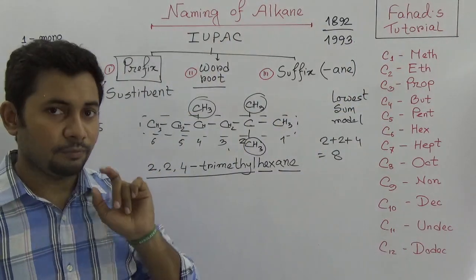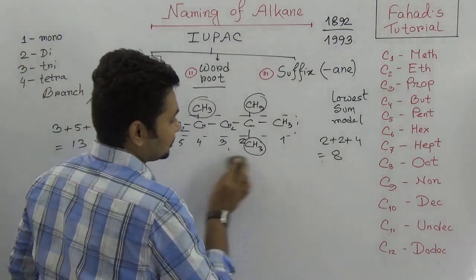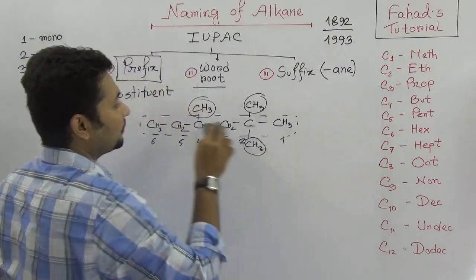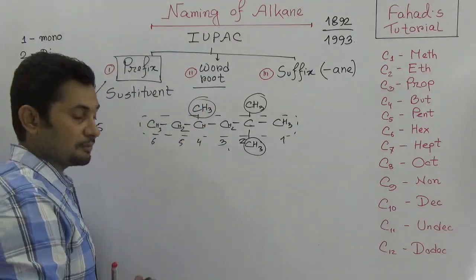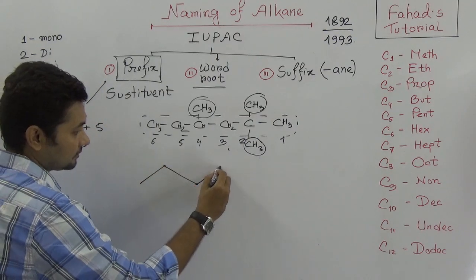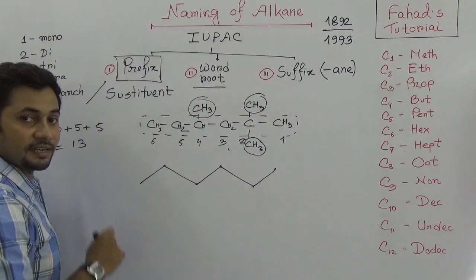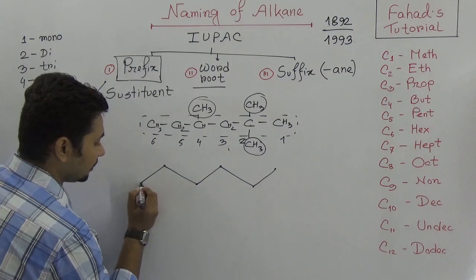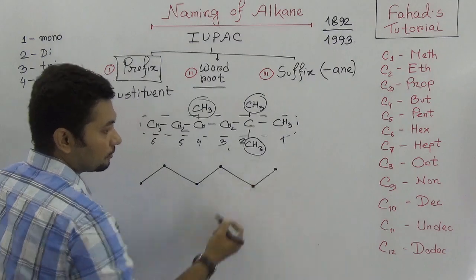Anyway, let me show you another thing, that we can also express this in this way. Suppose there are 6 carbons, okay? 1, 2, 3, 4, 5, 6. There is another way to express this aliphatic hydrocarbon. See these dots, every dot actually represents 1 carbon.